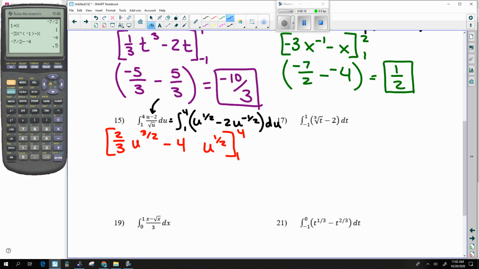Without using the calculator, what do I think of to get these answers? For instance, this is 2/3, and this is going to be 4 to the 3/2. What I think of is that the denominator is a root, and that's usually what I try to do first. So I would square root, and that would turn it into a 2. And then 2 to the 3rd is an 8. So that's kind of what I would do.